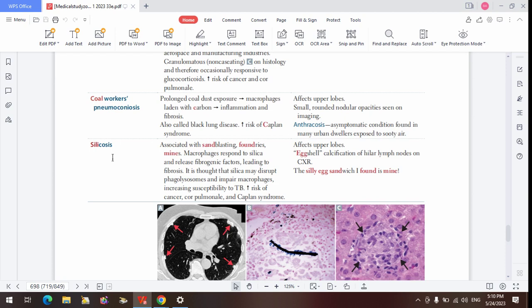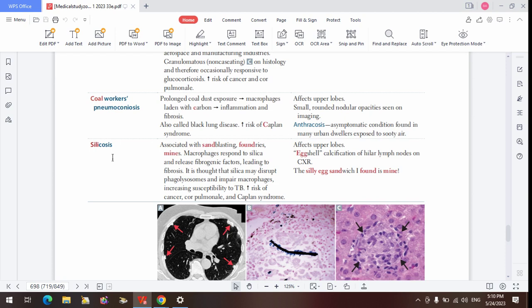But there's something else about silica. Very high yield: silica disrupts the activity of the phagolysosome. The phagolysosome helps us digest the engulfed material within the phagosome. When the macrophage engulfs that silica, it forms phagosomes.